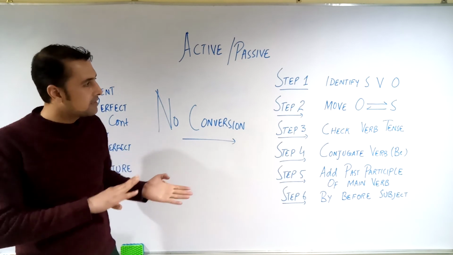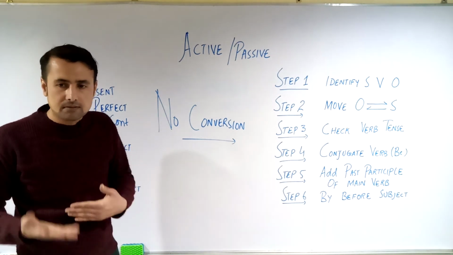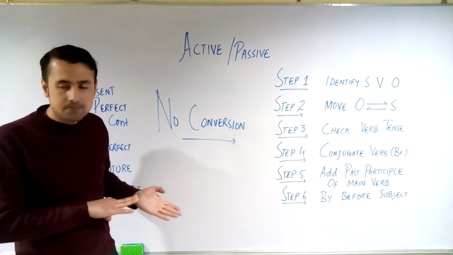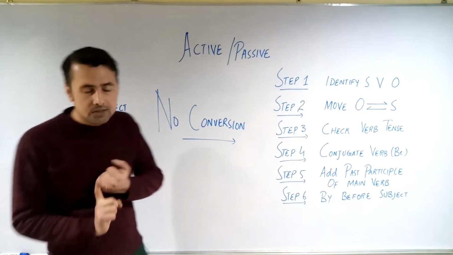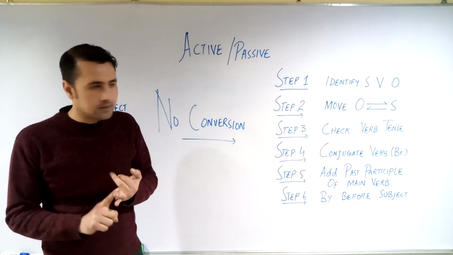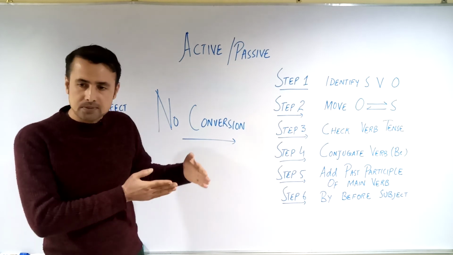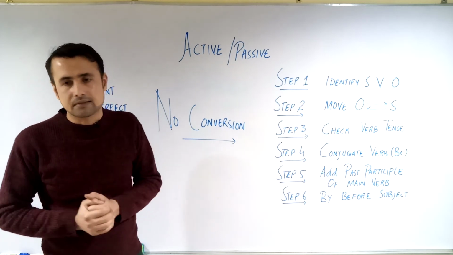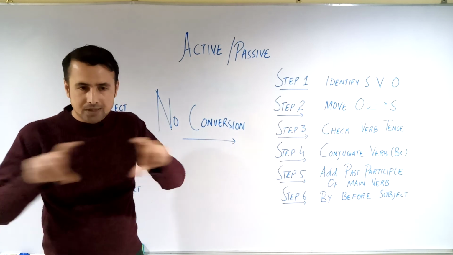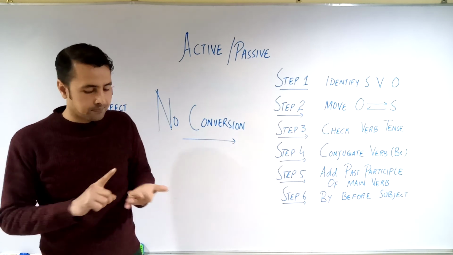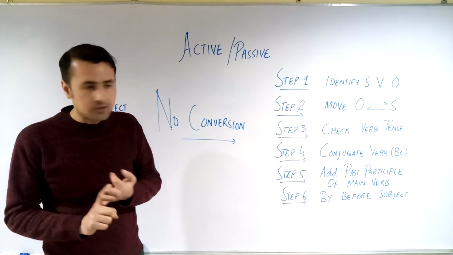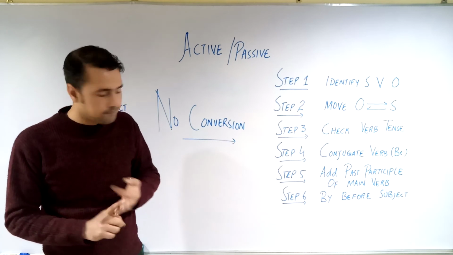Just a quick recap of how we change active voice into passive voices. First you need to identify subject, verb and object, because the subject takes the place of the object, whereas the object in return goes towards the subject, what we call a reversible reaction. Verb is important. You need to know about the base form of the verb.